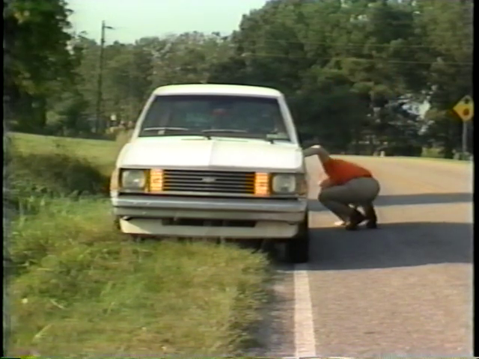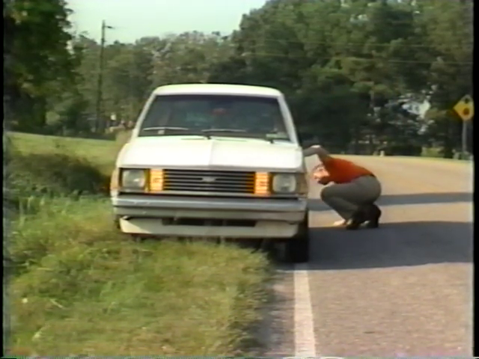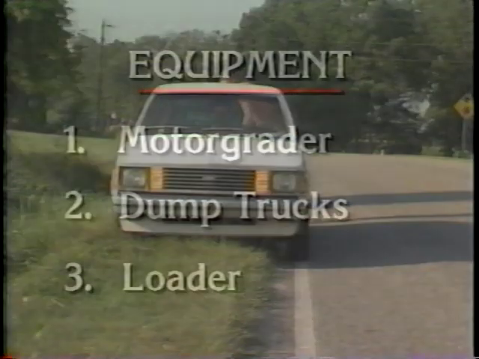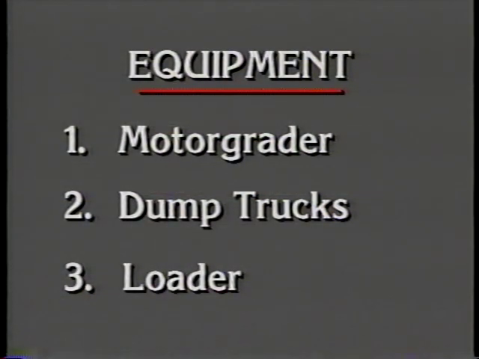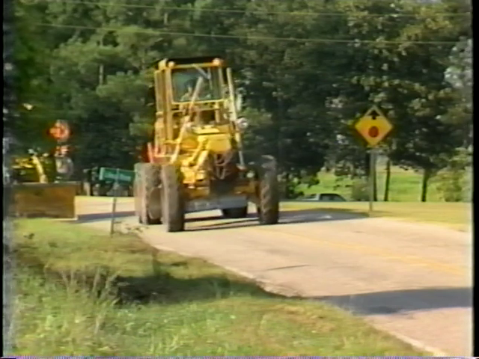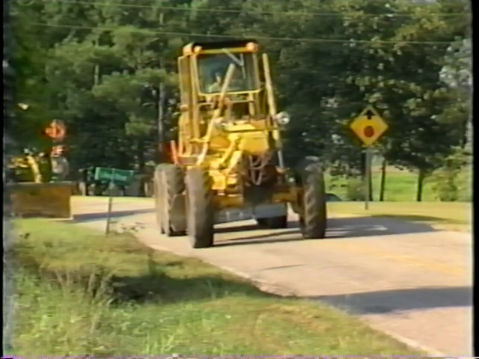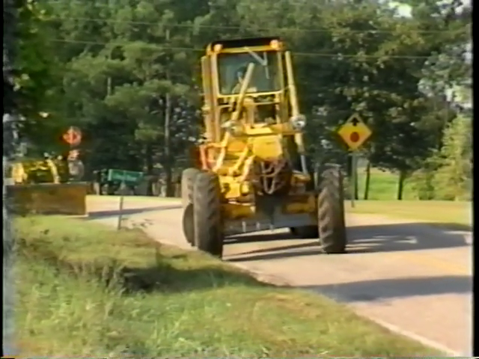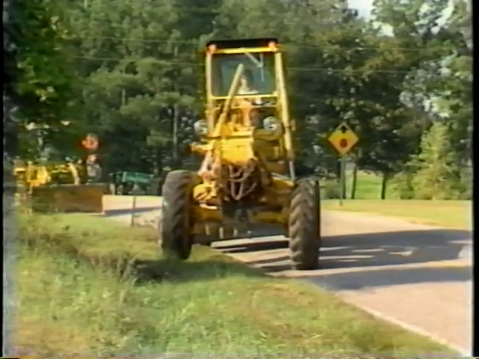Now, let's discuss how to repair a high shoulder. The equipment required to perform high shoulder repair includes a motor grader, dump trucks, and a loader. If the shoulder is very hard and densely compacted, loosen the material with a scarifier attached to the motor grader.